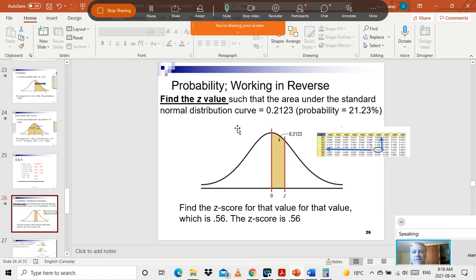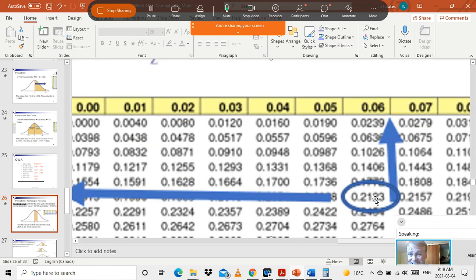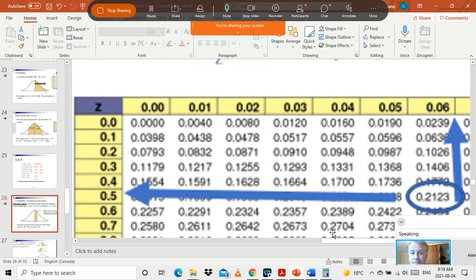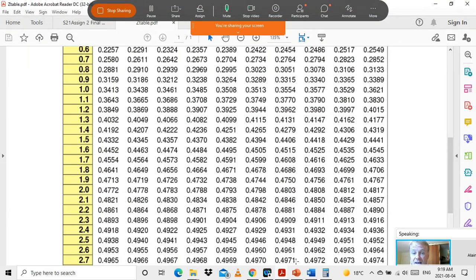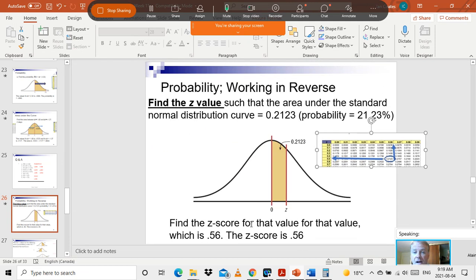So find the value such that the area under the standard normal curve is 0.2123, so a probability of 21.23%. So you find the number there that's closest to 2123, and I've kind of done that, and lo and behold, it does exist, 0.2123. So what Z value is that? Okay, I've got 0.56, so 0.56, and you will see there that, there we go.